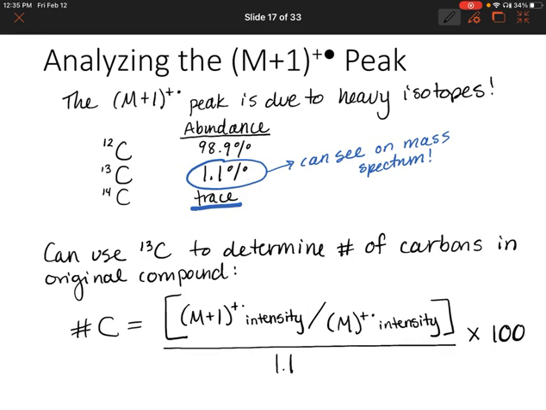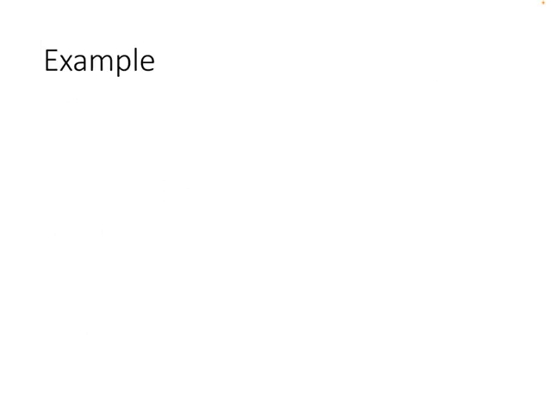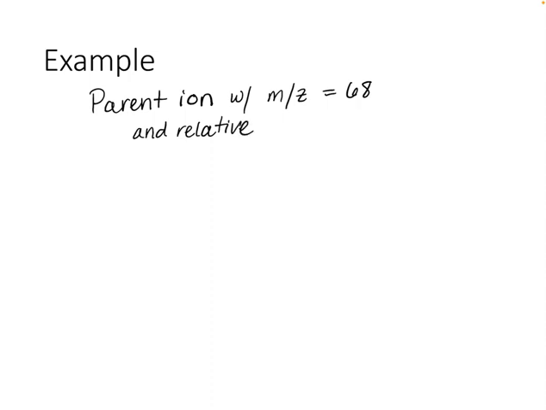Okay, so let's look at an example of how this equation would work. Let's say we have a parent ion with a mass to charge ratio equal to 68, and its relative intensity on the mass spectrum is equal to 100%.